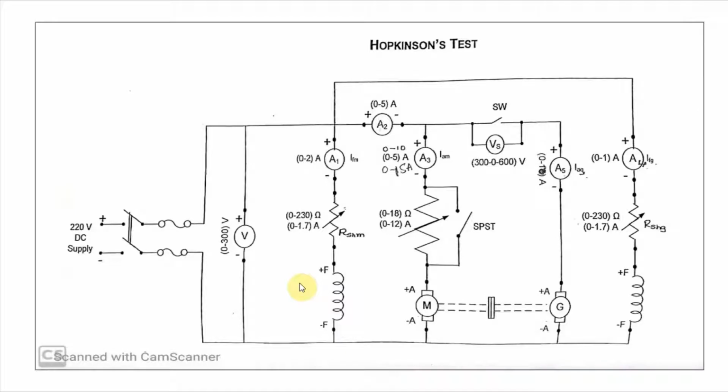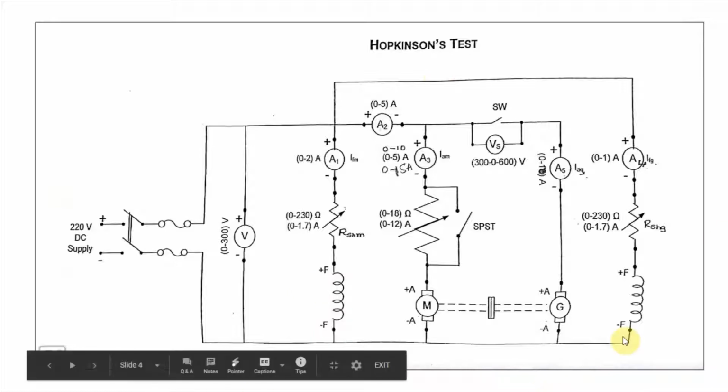We will be changing both the motor field rheostat and the generator field rheostat, and we will vary the armature voltage of the DC generator in steps, and take down all the meter readings.